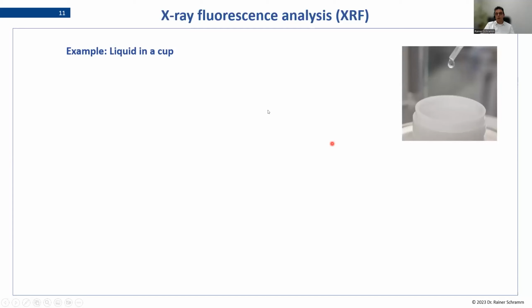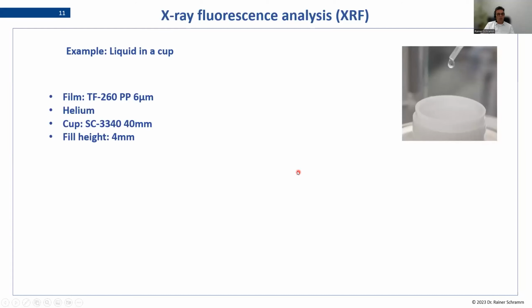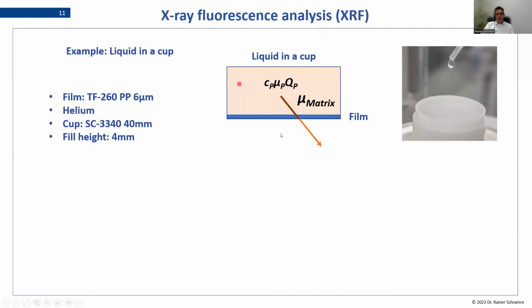An easy way to do analysis is just a liquid in a cup. Yeah. So what do we have? We have a liquid which is in a sample cup, and then we need a film which covers the bottom. So if we think about the path, the absorption for the ingoing X-rays and the outgoing X-rays, the film will absorb the X-rays.